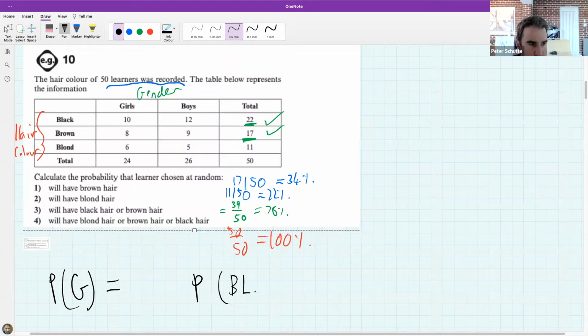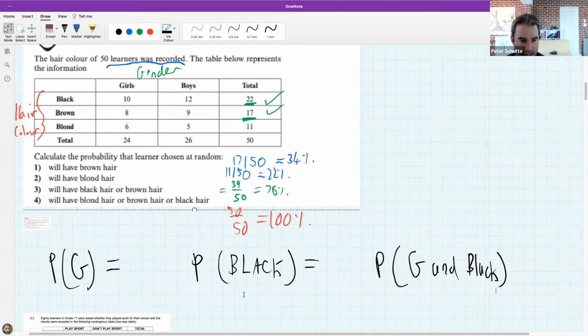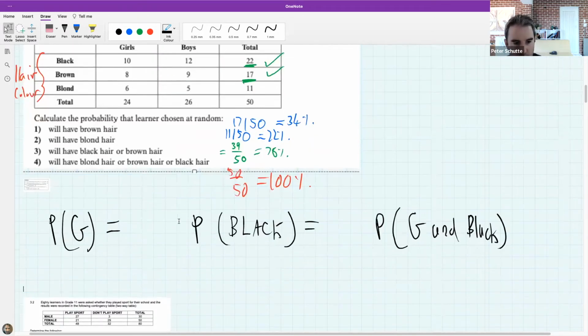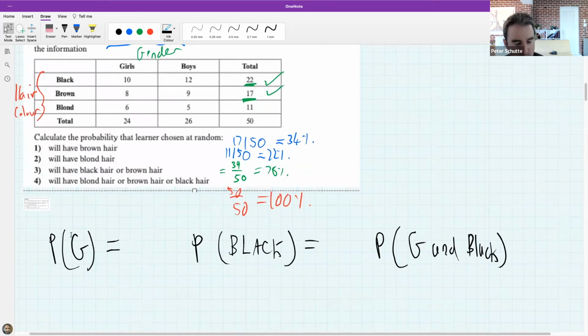I'll use the full notation. And then you also need to work out the probability that someone is a girl and they have black hair. So these are the 3 bits of information that you need to work out from the table. Once you've worked that out, I'll tell you how we can decide if these events are independent.